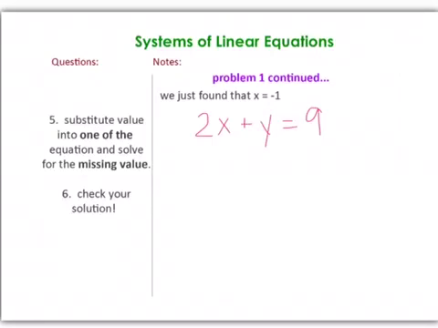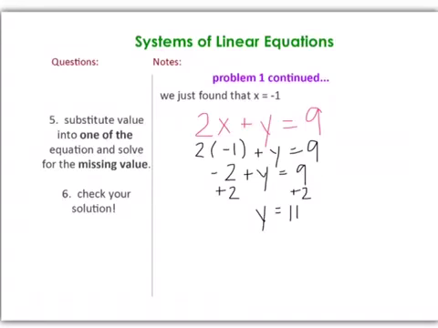That was my first equation from the last page. So I'm going to put negative 1 in for x, so 2 times negative 1, use your parentheses, plus y equals 9. Well, negative 2 plus y equals 9. Add 2 on both sides, and y equals 11.